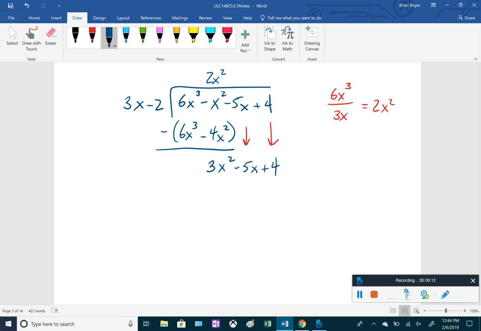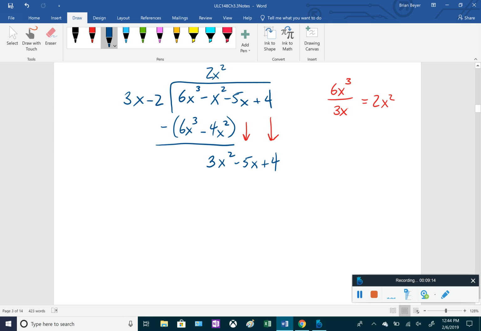So what do we have to multiply 3x by in the divisor to get to 3x squared? So that's the same thing as saying that's 3x squared divided by 3x, which is just x. So that's going to be plus x up here. We're going to multiply the x through and then subtract it.